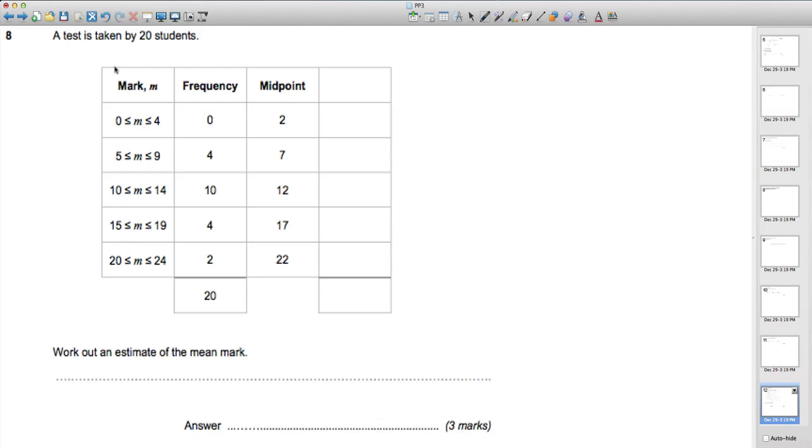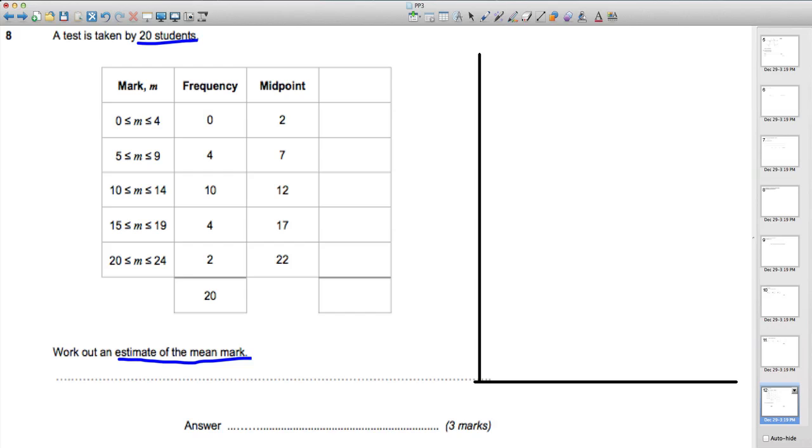Next question. A test is taken by 20 students. Work out an estimate of the mean mark. Okay, before I launch into this, I'm just going to take a second over on the side here to just explain what this table means. It's telling you that at 0 to 4 marks, no people got that. Okay? Also, it's then telling you that between 5 and 9, 4 people got that.